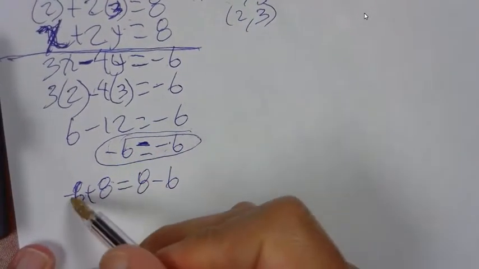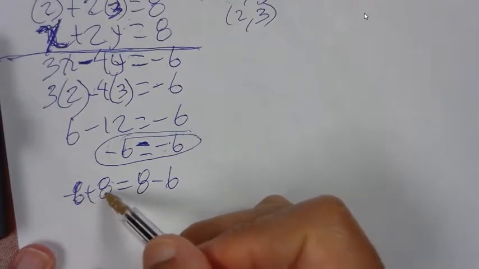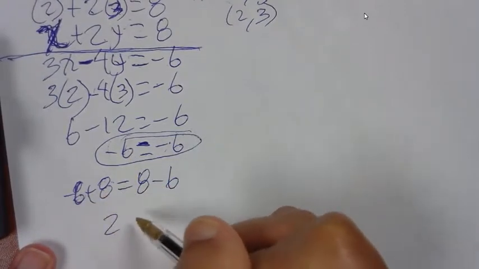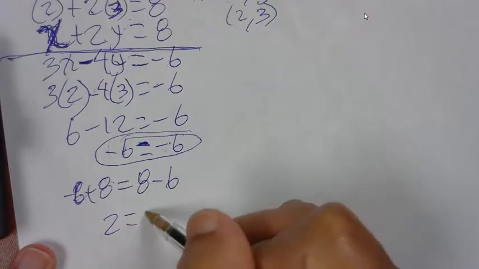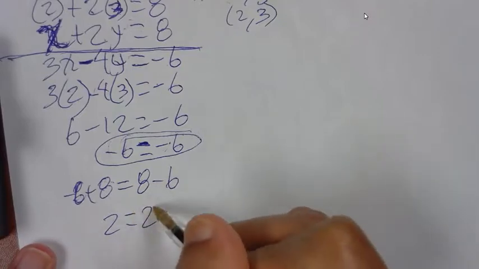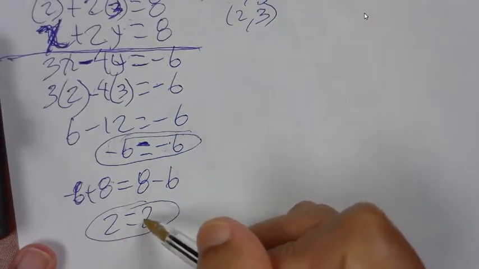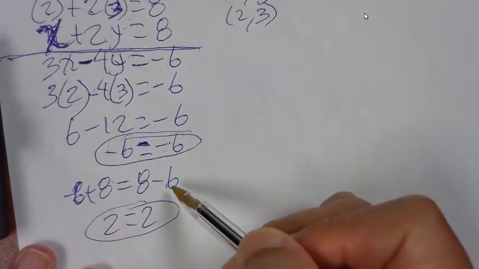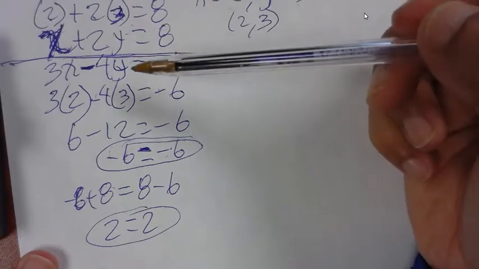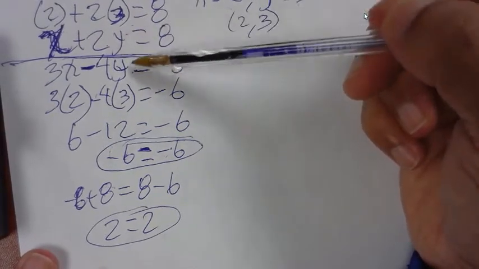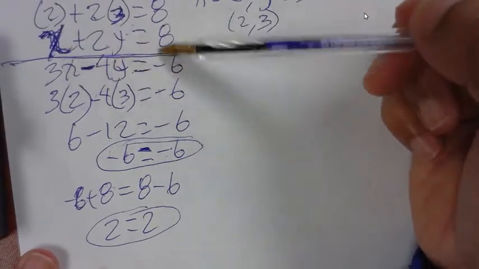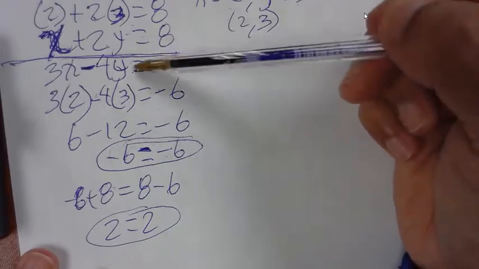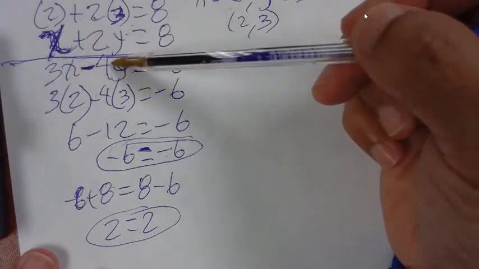Okay, so if I add them up, 8 plus 8 is 16, and 8 minus 6 is 2. So this equation is also true. Therefore, this process was mathematically correct. Okay, so yes, we can mix up equations whenever you have them as a system of equations.